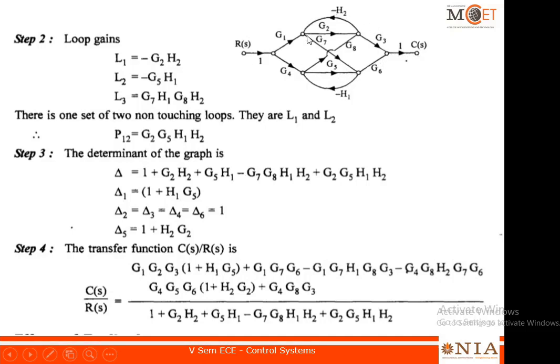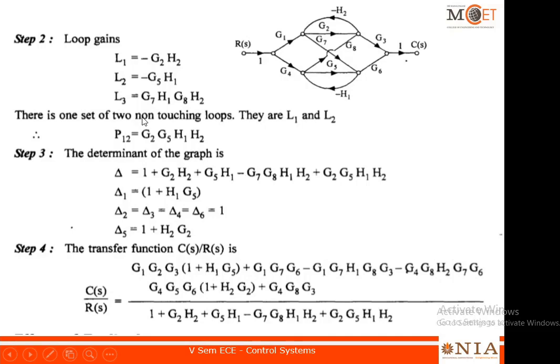This loop, these two nodes. The loop gain of this particular loop is G2 into minus H2. So you have to apply del for this portion, and it becomes 1 minus minus G2 H2. So it is 1 plus H2 G2, which is del 5.